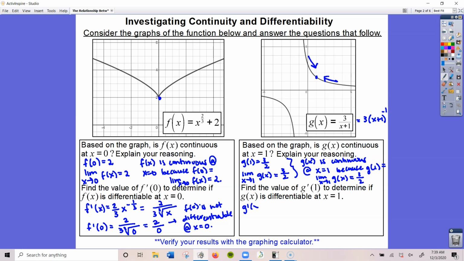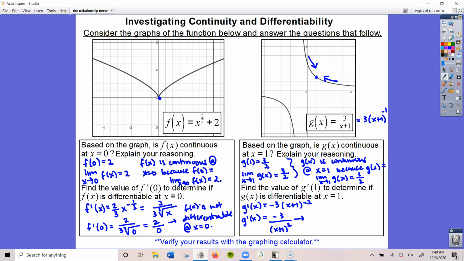So g prime of x would equal negative 3, because I'm multiplying the negative 1 with the 3, x plus 1, subtract 1, so raised to the negative 2, times the derivative of x plus 1, which is just 1. So g prime of x is equal to negative 3 over x plus 1 squared.